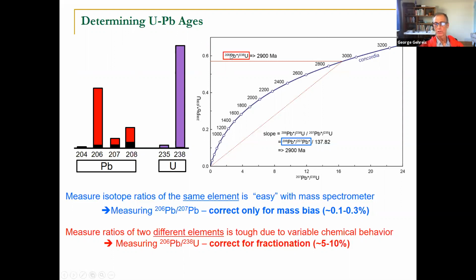The ratio that you measure with your mass spectrometer, you're going to be off by like 5% or 10%. That's really bad news, right? You spend millions of dollars, maybe $4 million on an ion probe. You do an analysis. Oh, sorry, your analyses are 5% or 10% off. That's just the way it is with mass spectrometers. They never tell you the correct isotope ratio. In every case, you have to do a correction to get to that true isotope ratio.